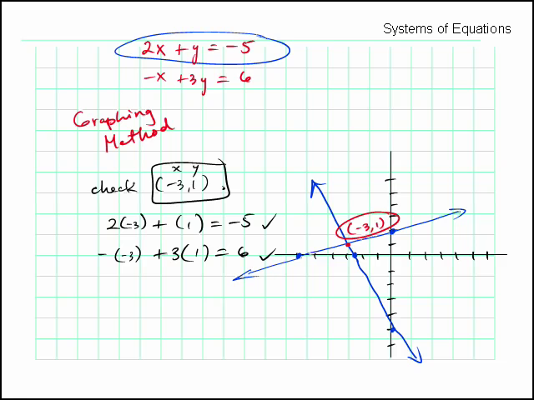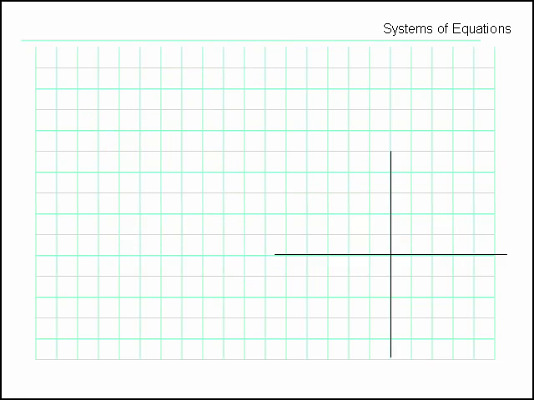Here's one other. Let's say we have x plus y equals 3, and we have y equals negative x plus 5. So we're going to graph each line again.